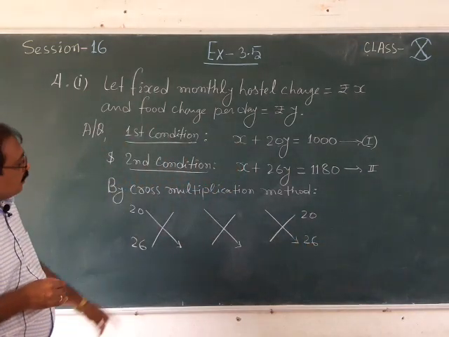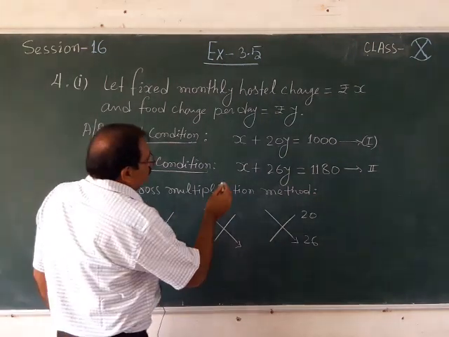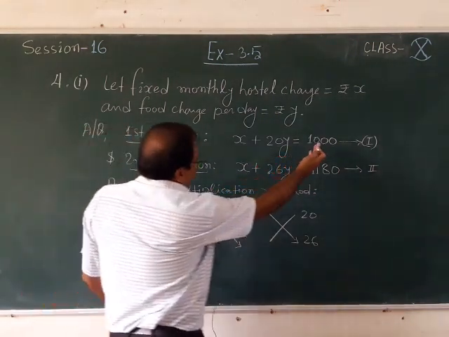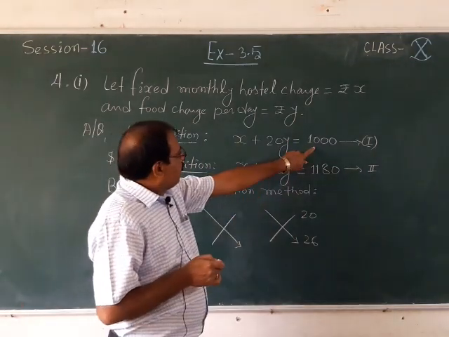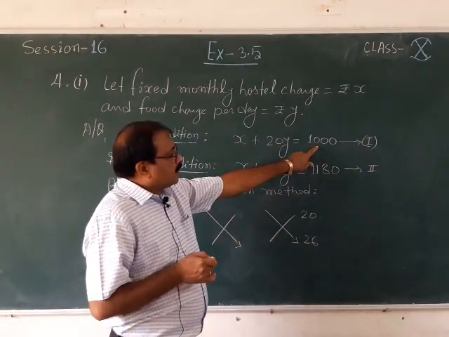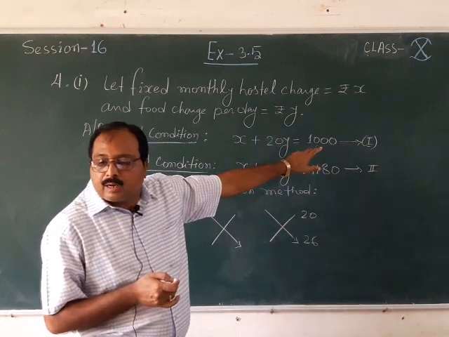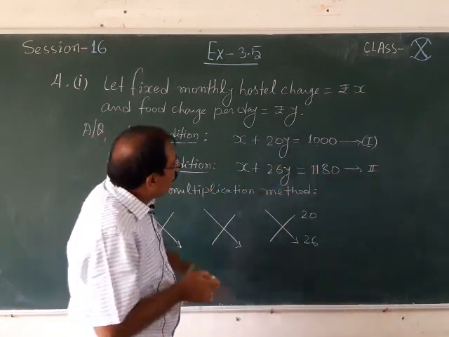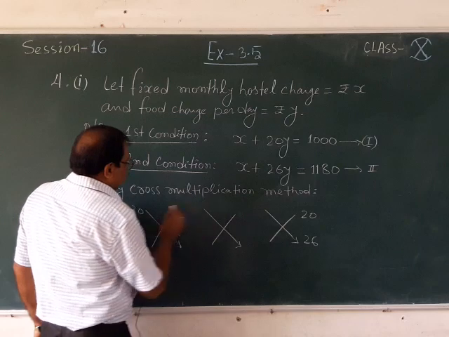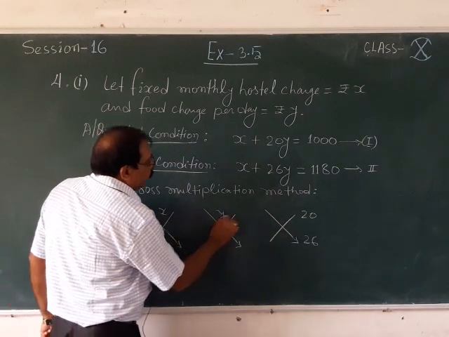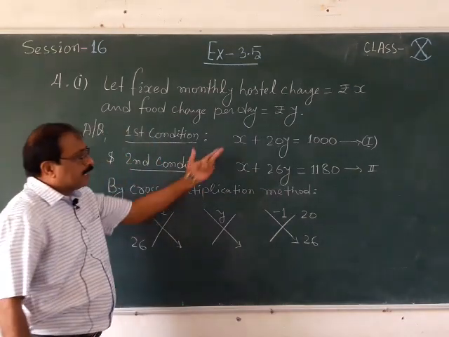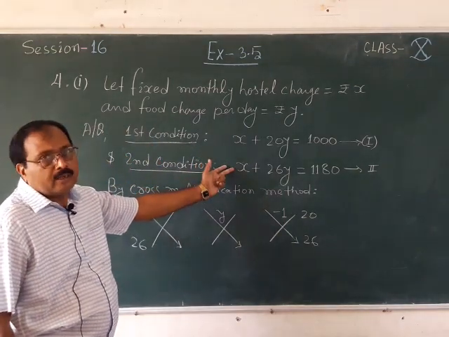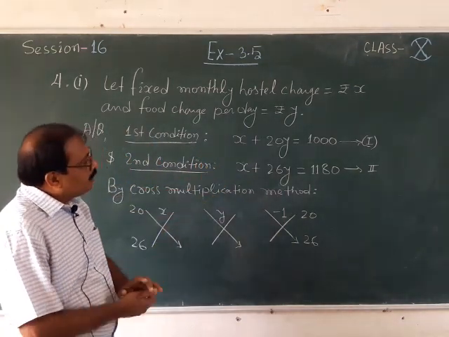Then c1 and c2: if c1 comes to this side, it will be negative 1000. Here when I write x y, then instead of 1 I need to write -1, then I can write this pair of linear equations there. Only one change is there.